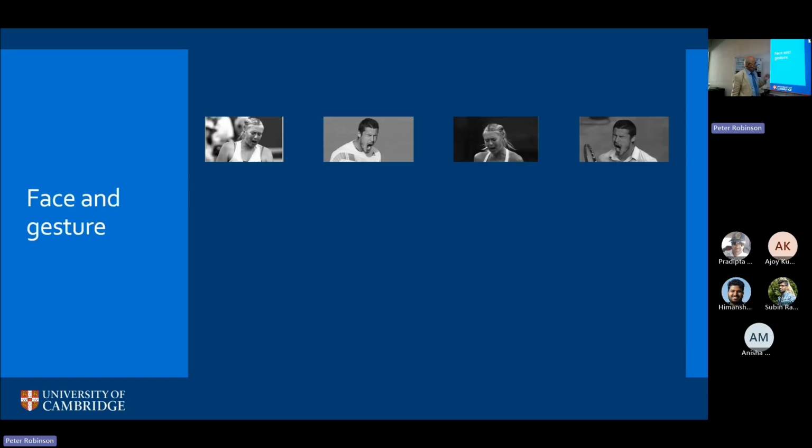So, for example, if you look at these pictures of some tennis players, you can see from their facial expressions that there's something pretty extreme going on, and I'm not quite sure what it is.